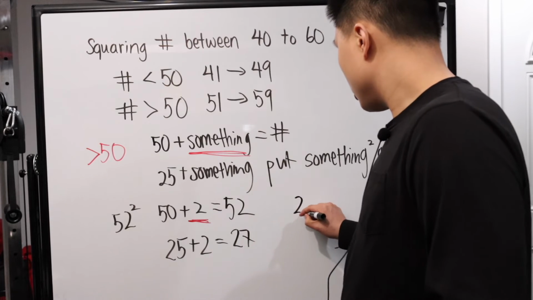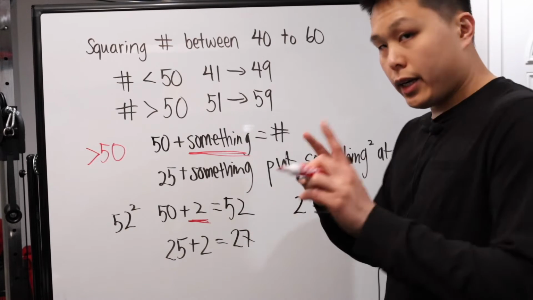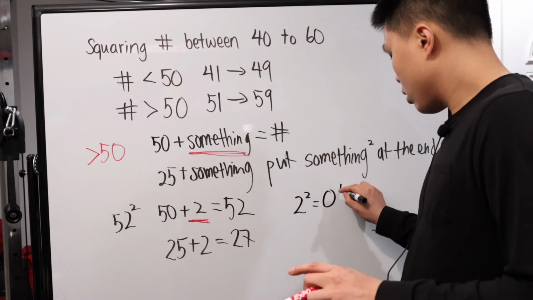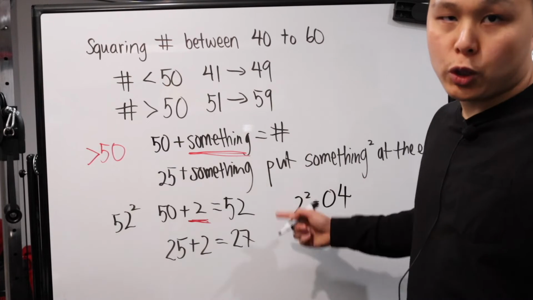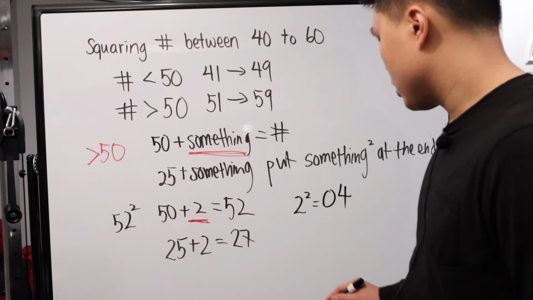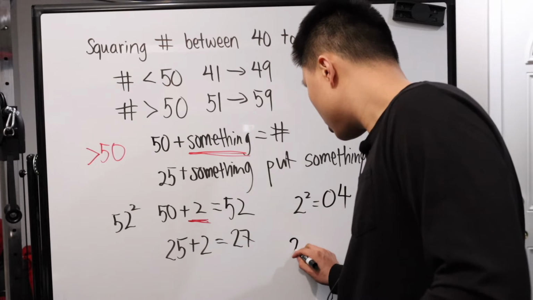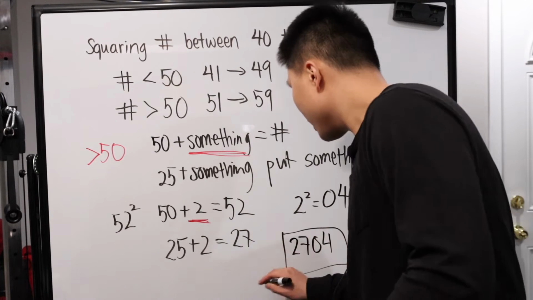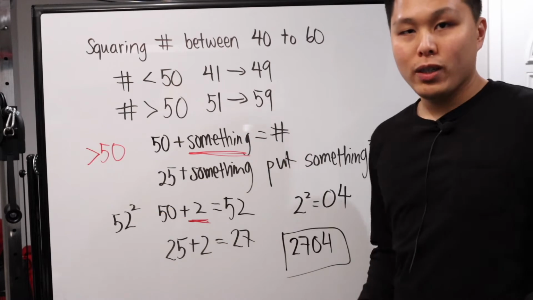Something squared is basically 2 squared, and in this case, once again, the caveat is that it's going to be 04. Normally we would just put 4 and that would be fine, but we want to put 04. So in this case, it's going to be 2704. And just like that, that is 52 squared.